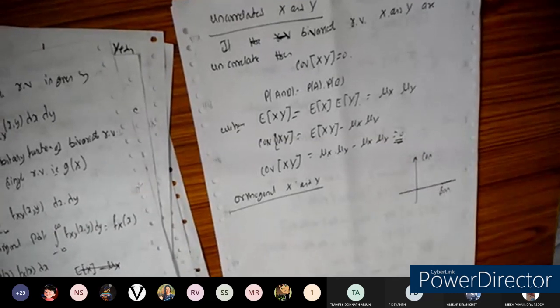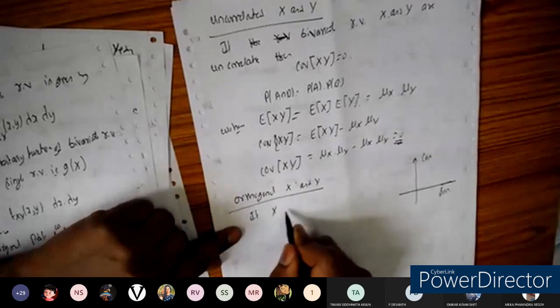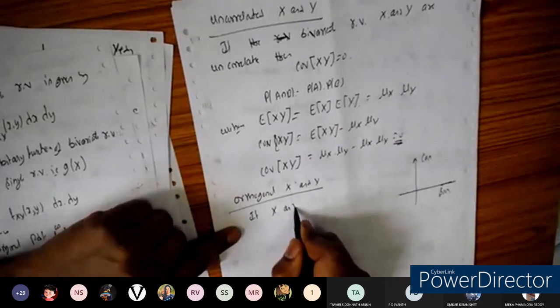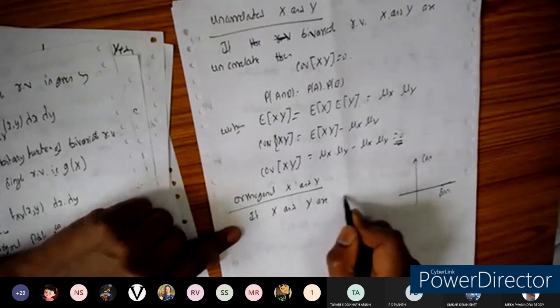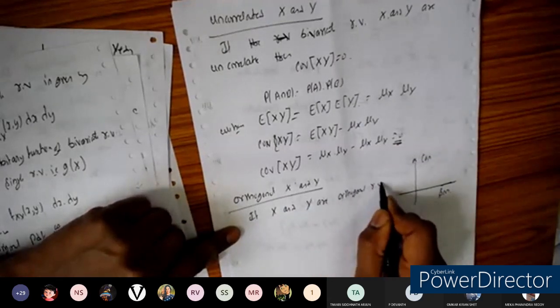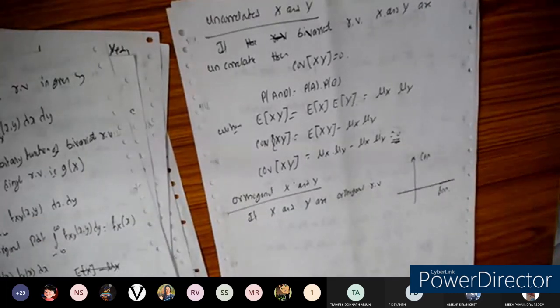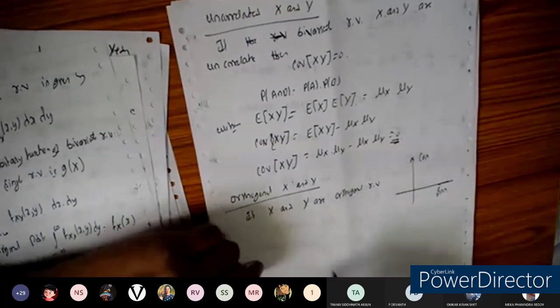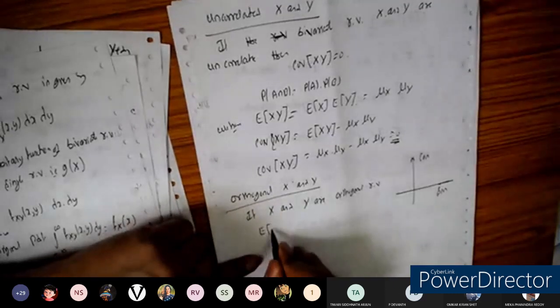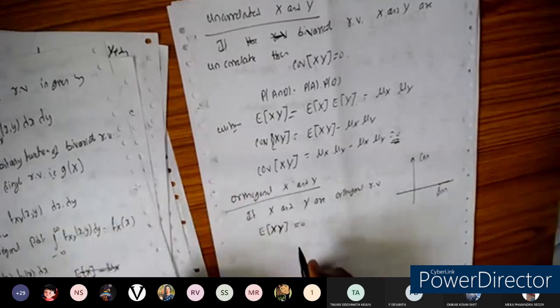If X and Y are orthogonal random variables, then the expected value of XY is equal to 0.